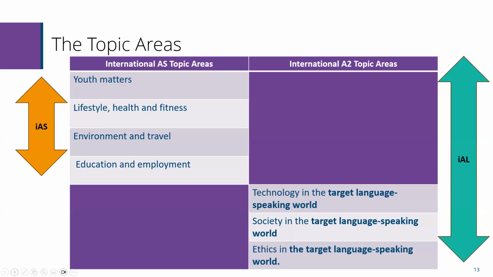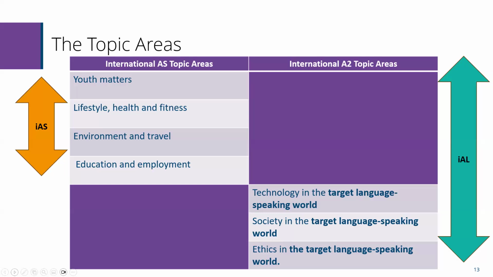Now, be careful here that you understand that the international AS topics do not necessarily have to relate to the French, Spanish, or German speaking world, but anything that comes from those technology, society, or ethics must reference, and any examples that the students use must be about the French, Spanish, or German speaking world.